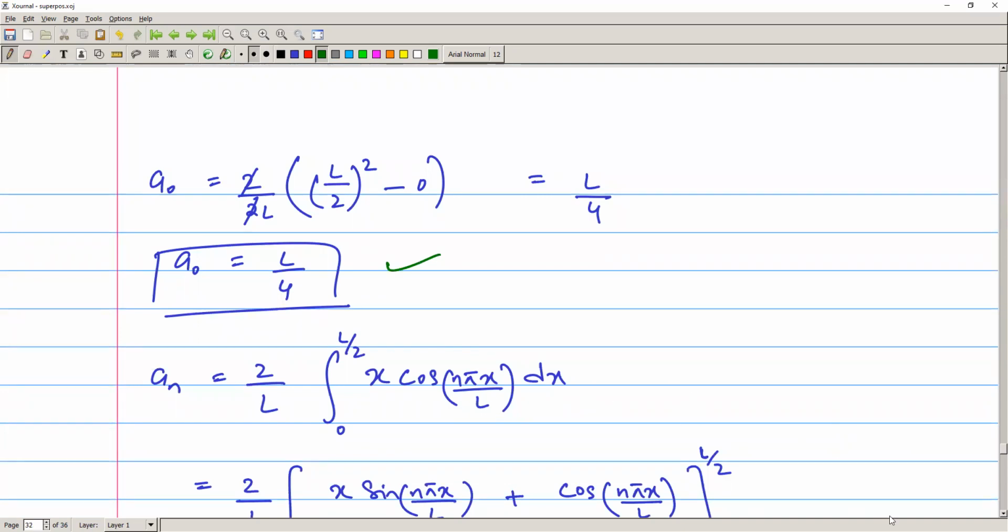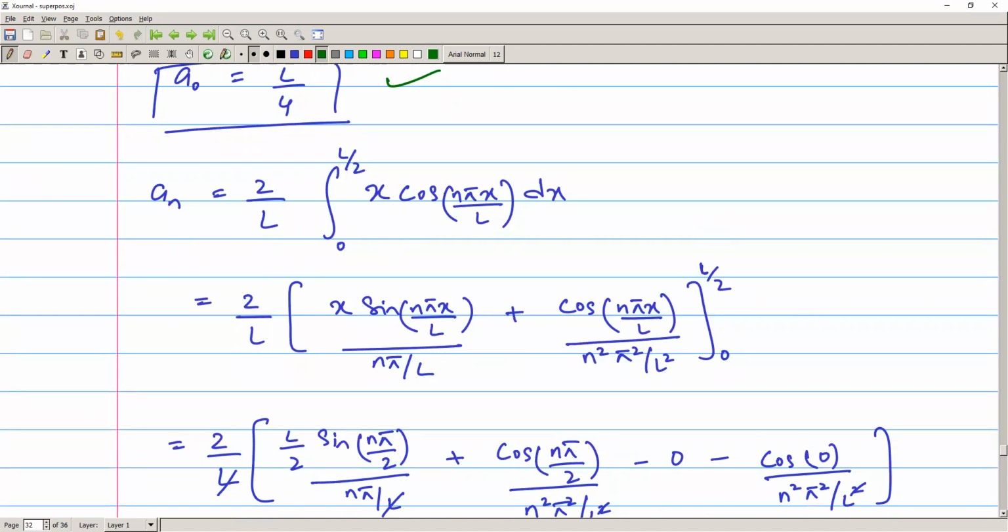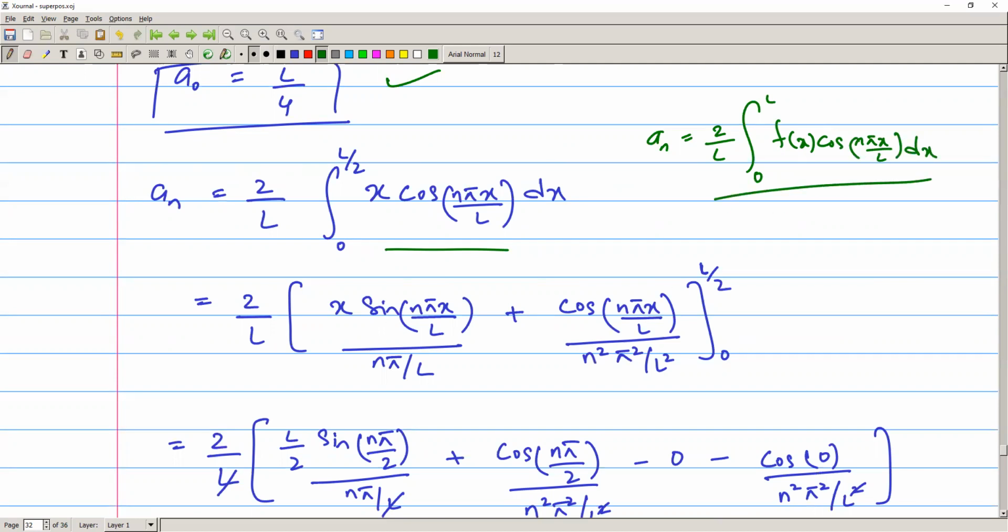And similarly, we will get a n by integrating using integration by parts, because here we have two functions, x and cosine of this angle. We already wrote that a n is equal to 2 over L integral 0 to L f of x cosine n pi x over L dx. So we will use this integral to find the coefficient a n.